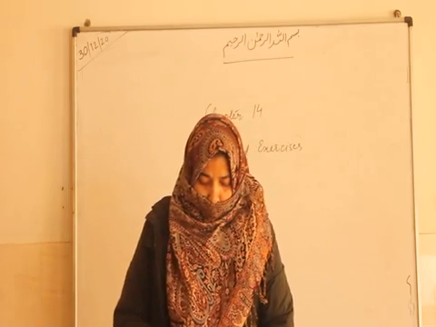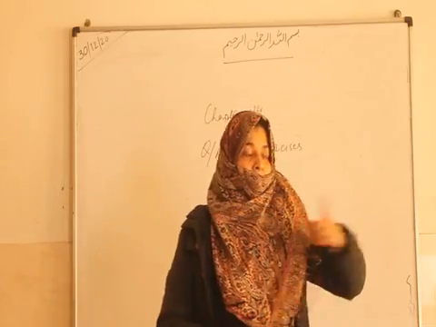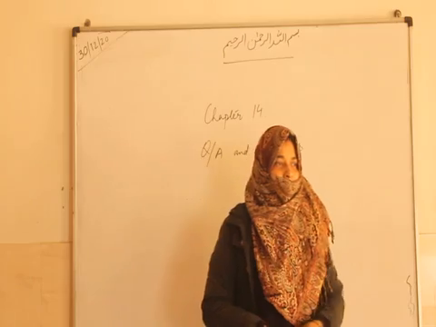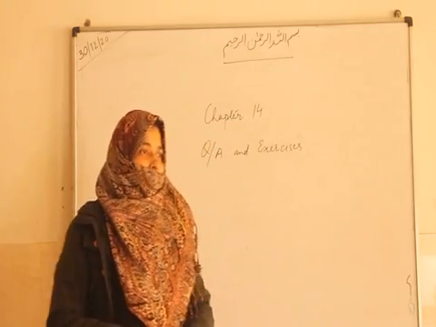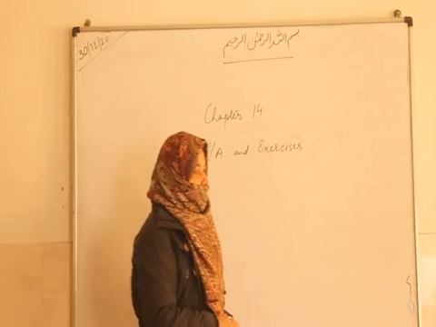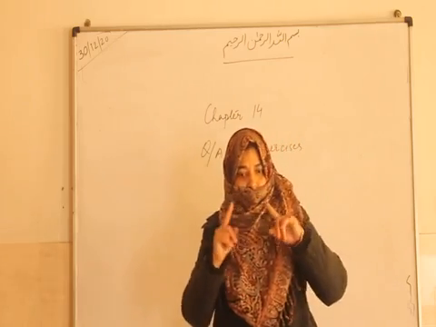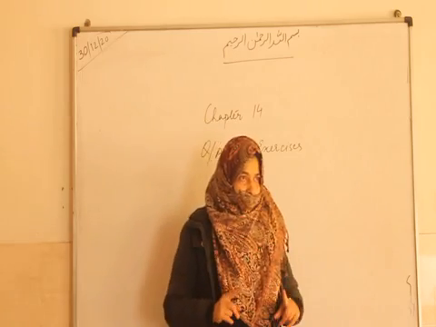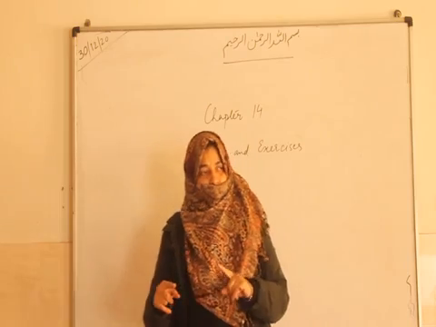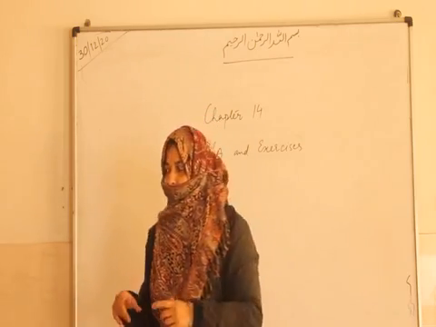Briefly describe how these muscles help in the respiration of air. I taught you in the previous class: how does the cavity increase? When the diaphragm contracts, it increases the cavity vertically, and when the intercostal muscles contract, the cavity increases on all sides.